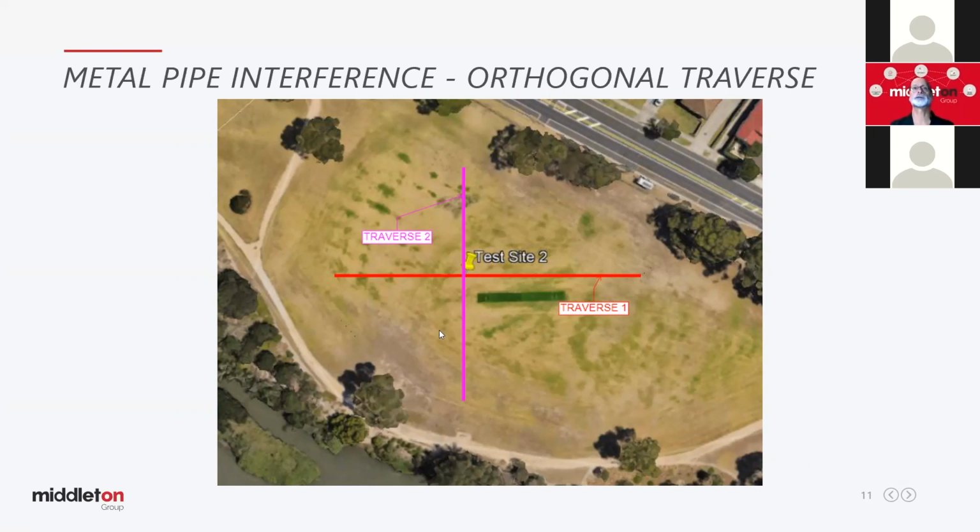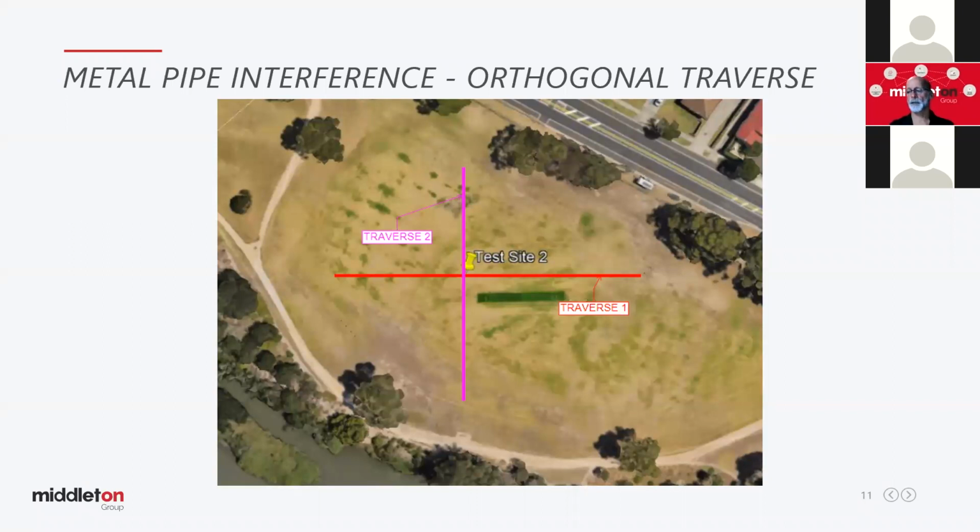So if we do a second traverse called an orthogonal, it won't have the same effects of a pipe going across the field in this direction. It won't have its results affected by underground pipework. So we can compare both of these, as we did in that first example, where you've seen that there wasn't a lot of error between the two readings.